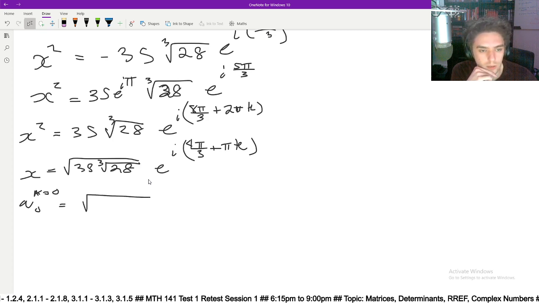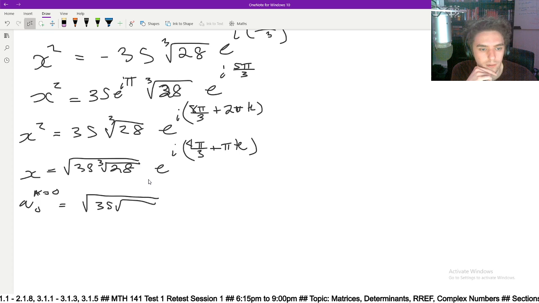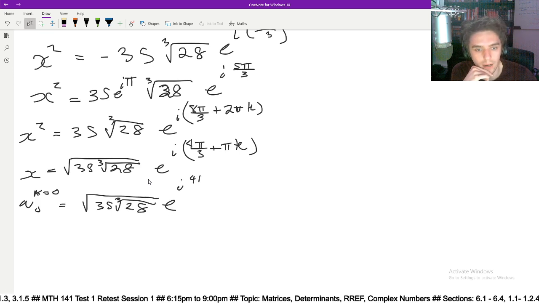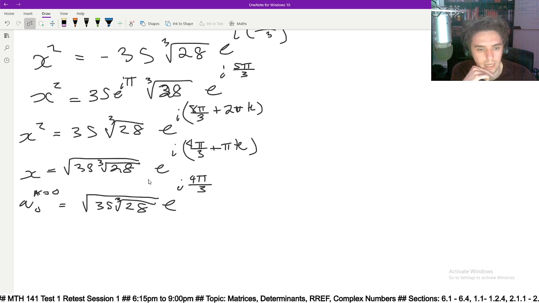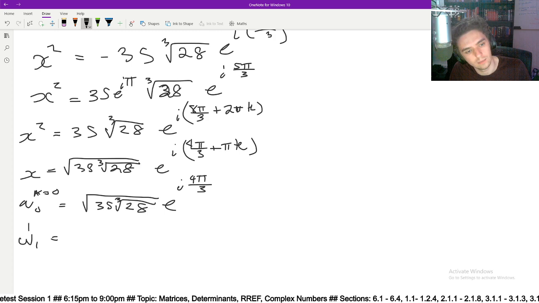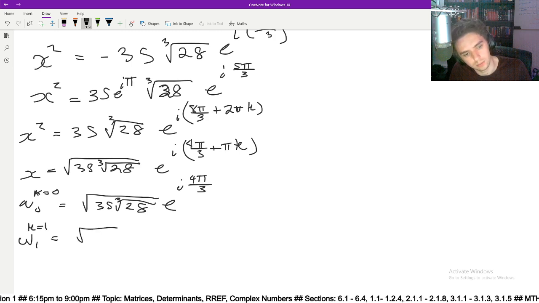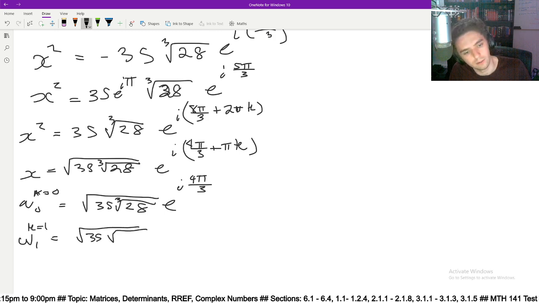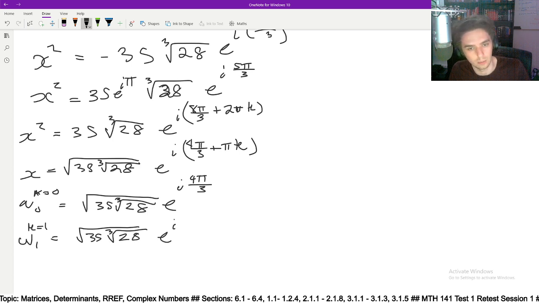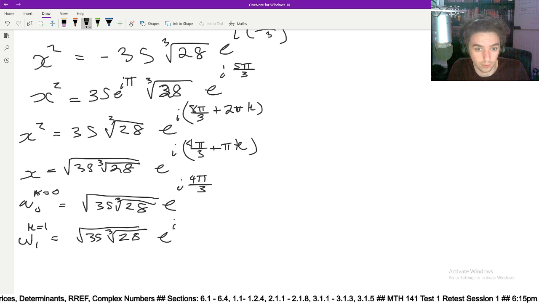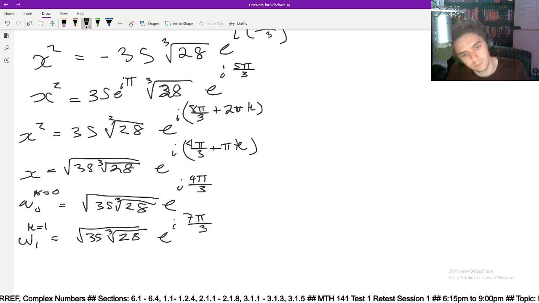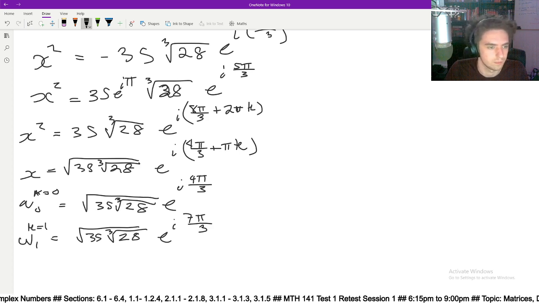So it's going to be the square root of 35 cube root 28 e to the i 4 pi over 3, because the k is 0. One solution. Our other solution, omega 1, is going to be square root of 35 cube root 28 e to the i, so it's going to be 4 pi over 3 plus 3 pi over 3, so 7 pi over 3. There you go. And that's our other solution.